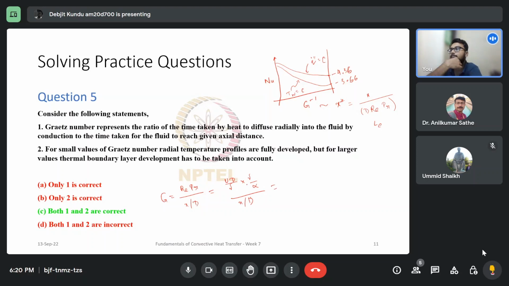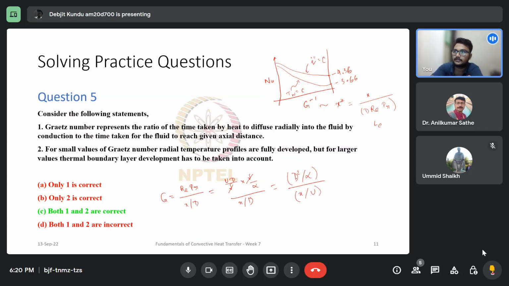Upon a bit of rearranging, we can write this as D squared by alpha in the numerator and x by U in the denominator.